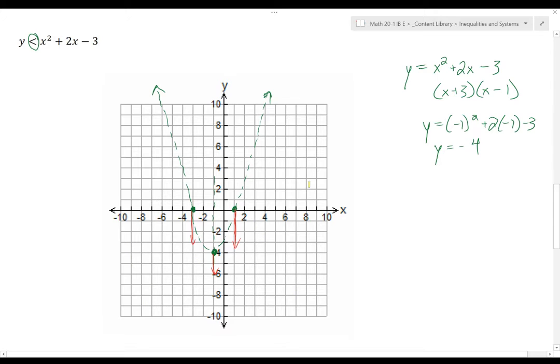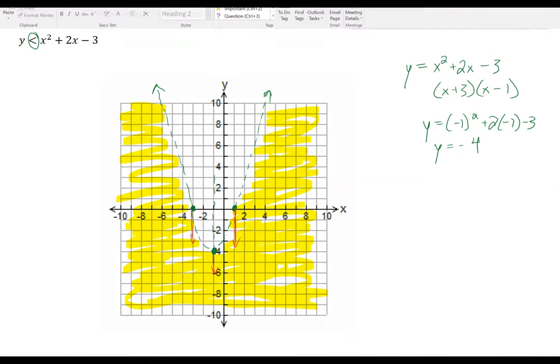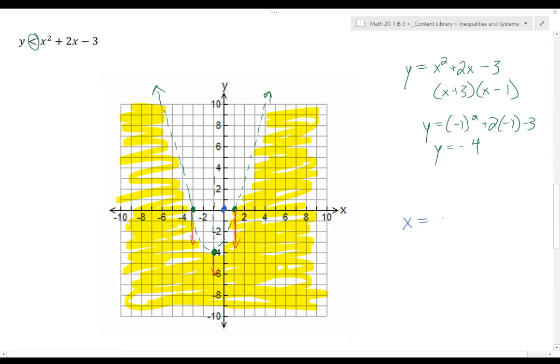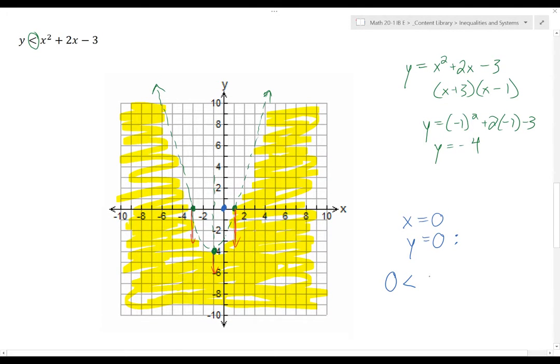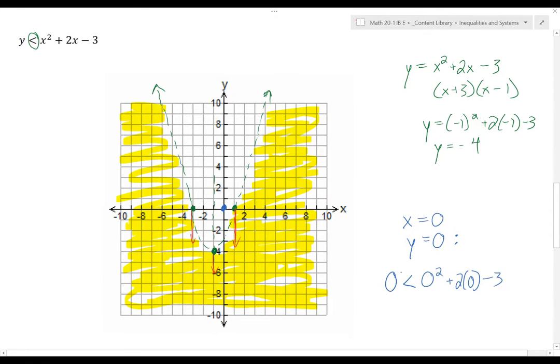And I could verify that by testing any value in this region or in the other region. I always do like to test at least one point just to make absolutely sure. A really easy one to test would be the origin, (0, 0). What I'm expecting is that that point will not work. So if x equals 0, y equals 0, is 0 less than 0 squared plus 2 times 0 minus 3?